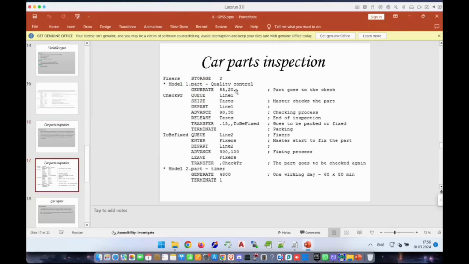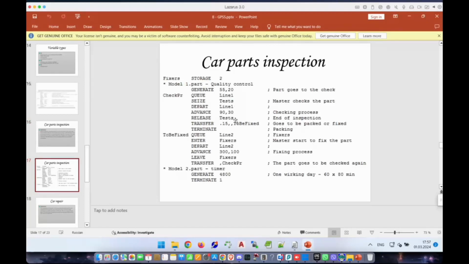So we have the appearance of spare parts in the system. They go into the line. Oh no, we have one tester, two fixers. So we are testing this spare part. That takes time.